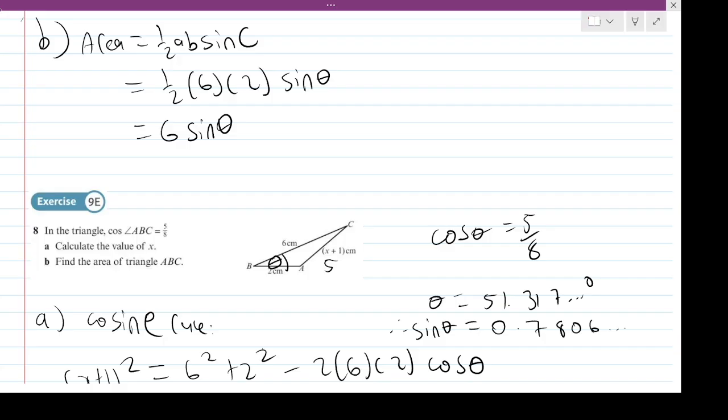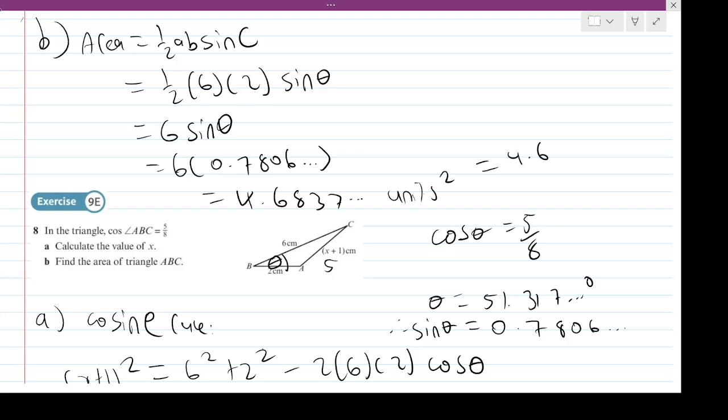So that's the value of sine theta. So it's going to be 6 lots of 0.7806. If I do that, I get 4.6837. Units squared. Or I could say it's 4.68 units squared to 2 decimal places. There we are then, that's the area in that case. Okay, cool.